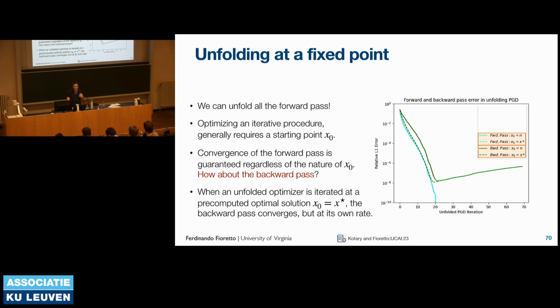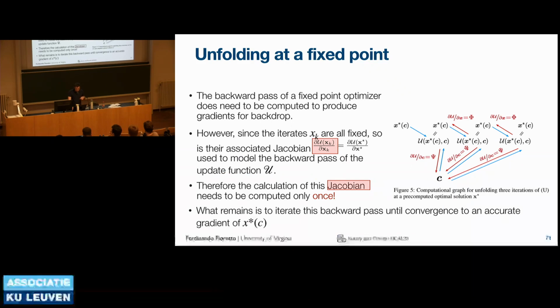We characterized the convergence criteria of the backward pass in a recent paper. But the idea here is that even if you have an optimizer, a function call to an external solver that gives you x star, you have this iterative solver, and you need to keep iterating in order to build the information to compute exact gradients.